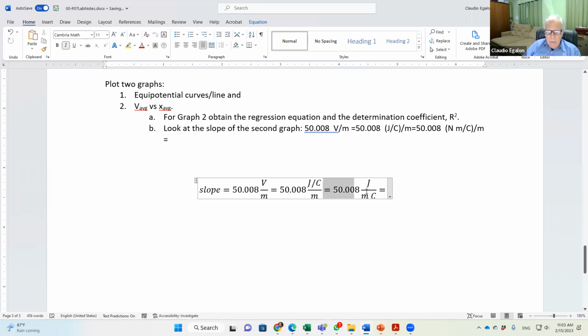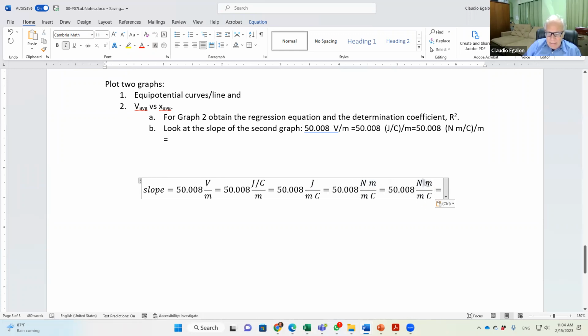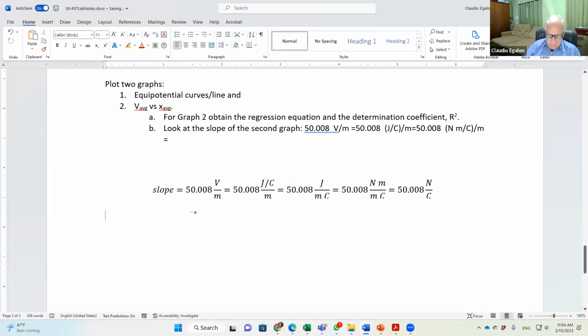But remember from Physics 6 that joule can also be written as newton times meter. And look what we get: a unit that's newton divided by coulomb, which is the unit of electric field. Newton per coulomb is the unit of electric field.